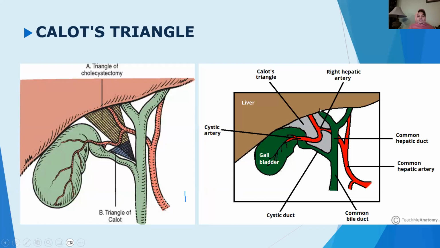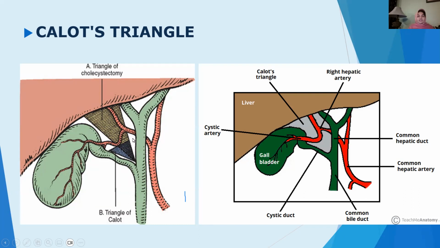Superiorly, it is the inferior border of the liver. Inferiorly, it is the cystic duct, and medially, it is the common hepatic duct. So it is like this.